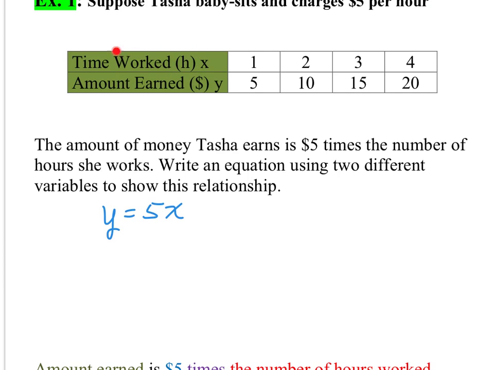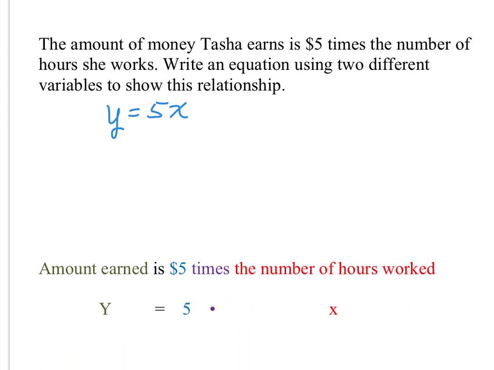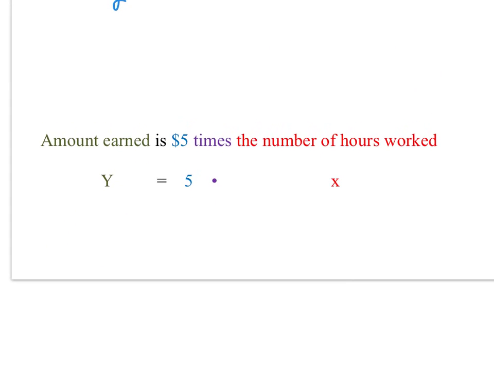And I used x because we labeled x here as the number of hours that she worked. So y equals 5x is the relationship between time worked and the amount of money that she earns. And you can see down here that we wrote it out using our words. This is what it looks like. So, next slide.